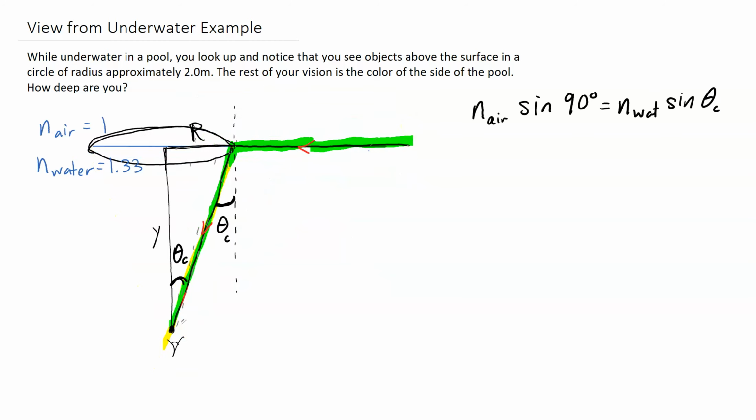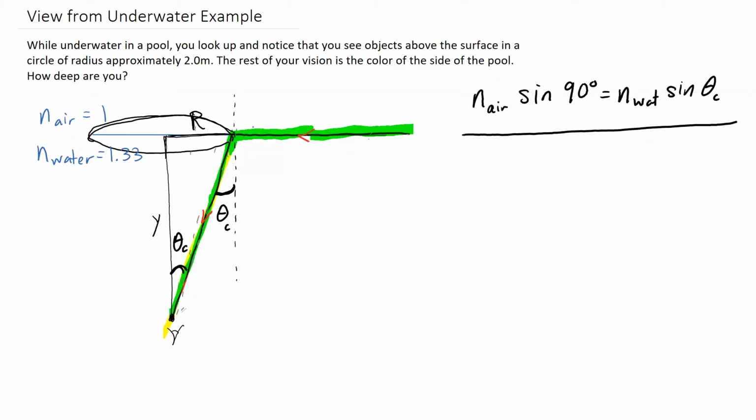I've cleaned up the diagram and written the constraint for total internal reflection. This is Snell's law that I've written over here, for this light ray that was highlighted in green. The incoming angle is basically 90 degrees.